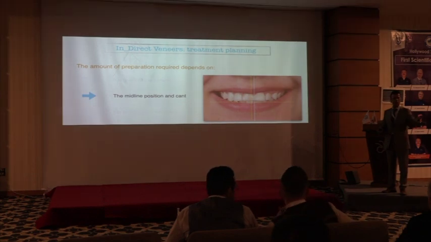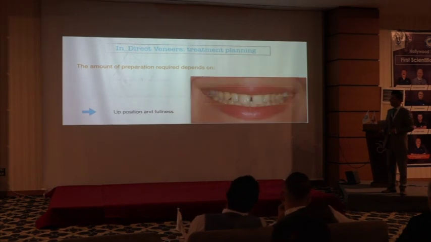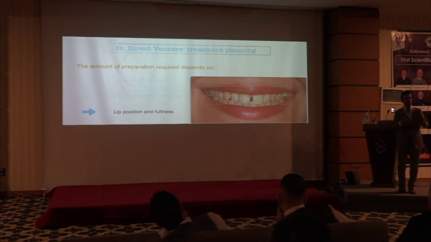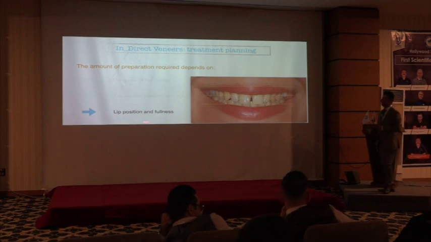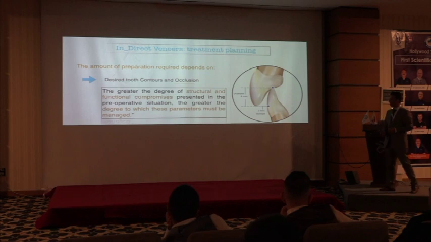I say that you can also use PowerPoint. Then, as we explained, lip position and fullness. We know that thicker lips can give you a chance to have more conservative treatment planning, because you can add and the lip can overlap and envelop it without problem. So fullness and position. Display, I don't want to talk more about it.